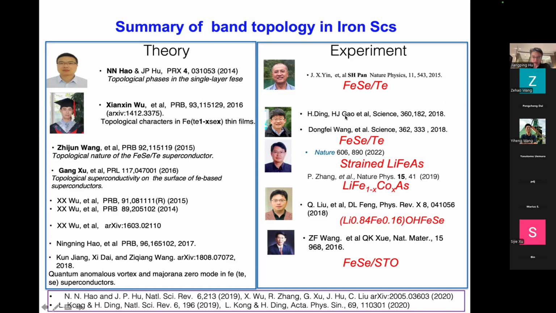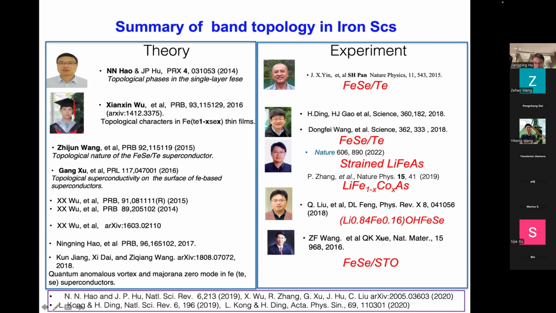And Hong Ding, who used to be in Boston College, but is now also in China at Jiaotong University. And Professor Gao, and there are lots of papers in these directions, also by Dong Lai and Qi Kun in China.